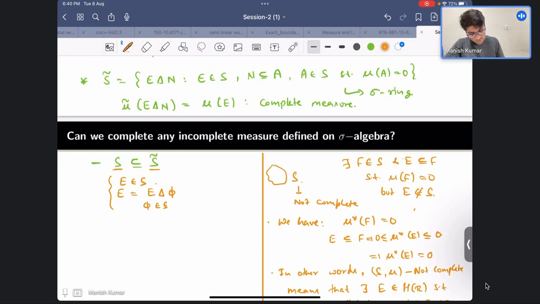You don't have to write this. Just phi belongs to S, and this will show that E belongs to S tilde. This is the proof that S is contained in S tilde.